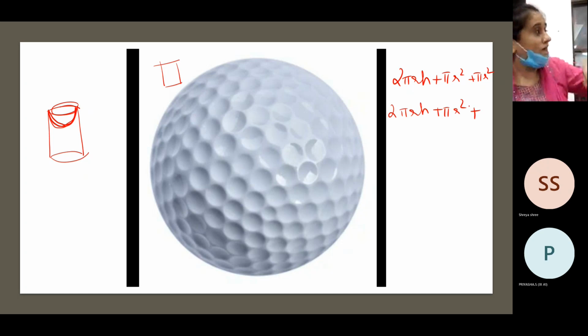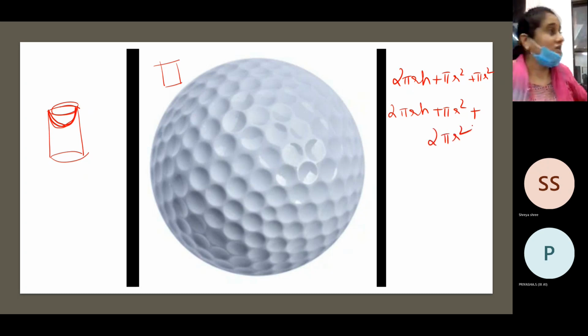And on the top, what do you have? You have a hemispherical cavity whose area is 2 pi r square, because CSA is 2 pi r square. So actually, when you're making the hemispherical depression, area increases. You can see that 2 pi RH plus pi r square plus pi r square becomes 2 pi RH plus pi r square plus 2 pi r square. Area increases.